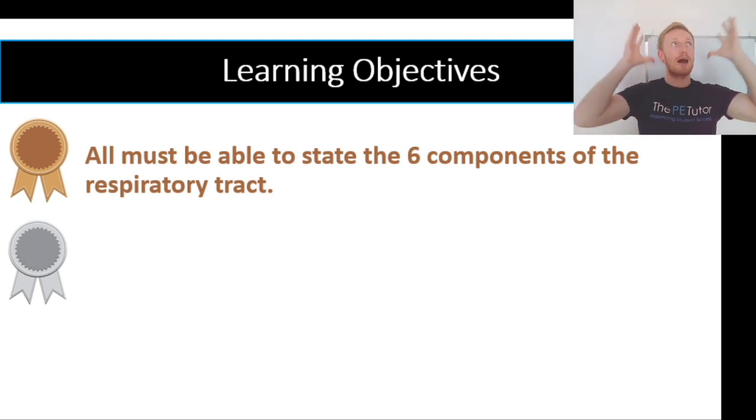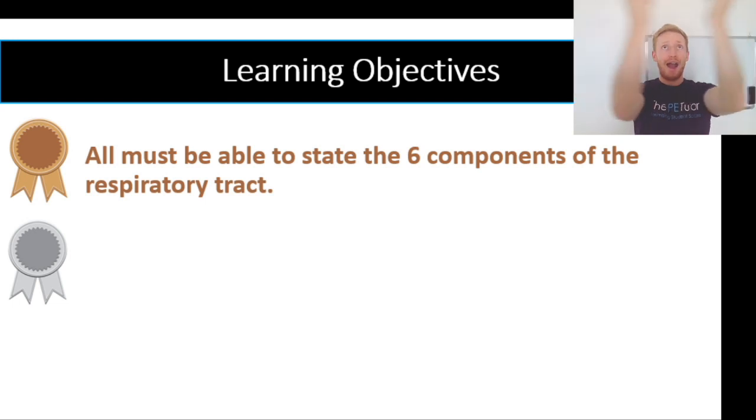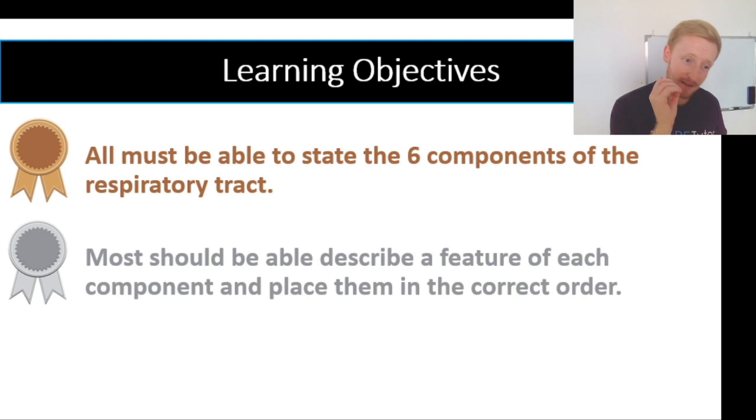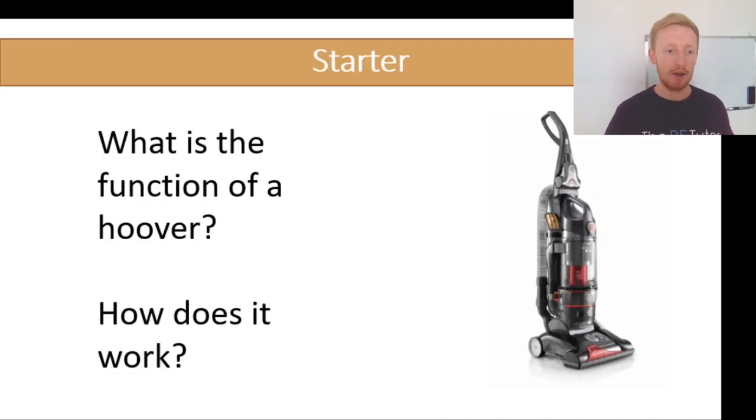We're just talking about outside air and how it comes into our body. So what route does it take? And then most of us should be able to describe or explain in a little more detail features of these 6 components of the tract which allow it to function as it does. So what attributes do they have which assist our body in getting this air in so we can use it?